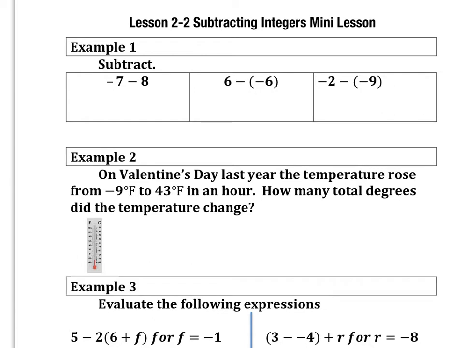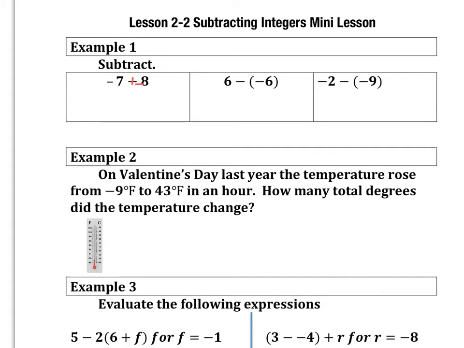So let's start with -7 minus 8. If we automatically want to think of that as adding the opposite, then really we can change subtraction to addition and change the sign of the second integer. So it would become -7 plus -8.